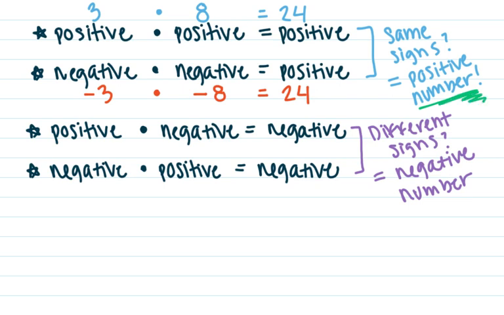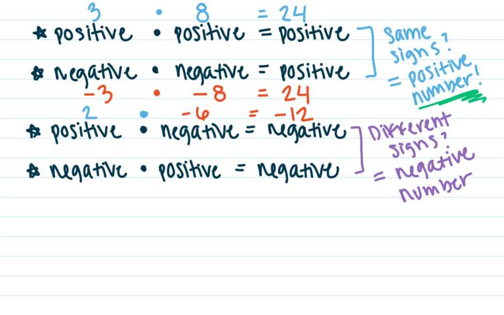Now, what happens if you have different signs? If I have a positive times a negative, so for example, a positive 2 times a negative 6, my answer is going to be a negative 12, okay?